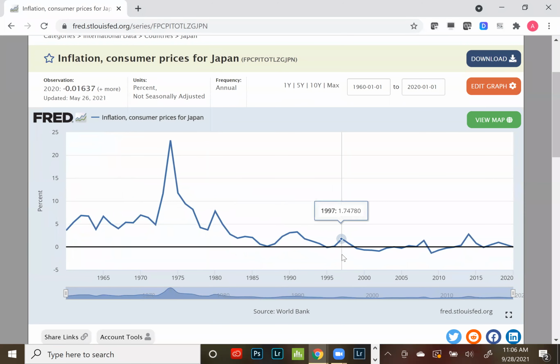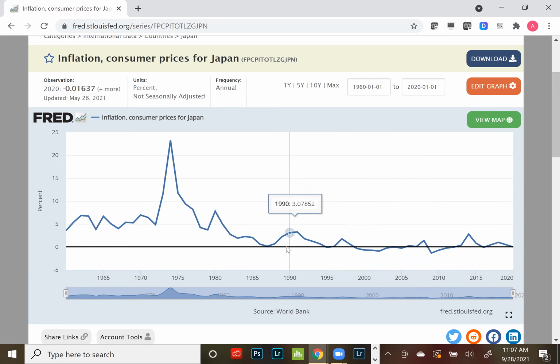Now look at this. That black line is 0. So you can see what I'm talking about. It drifts down, it goes up, it goes down, it goes up, it goes down. It's always right on the cusp of 0. And sometimes it sneaks down to negative territory. Then it starts to climb up again, but it's always right there.